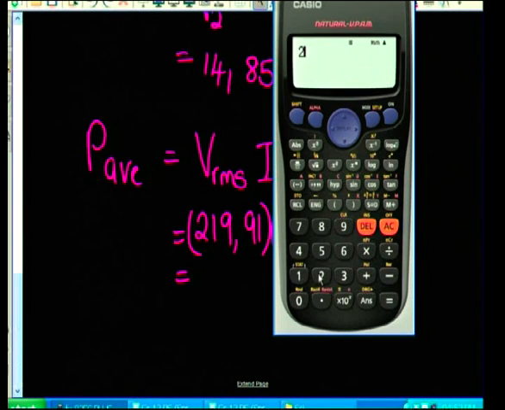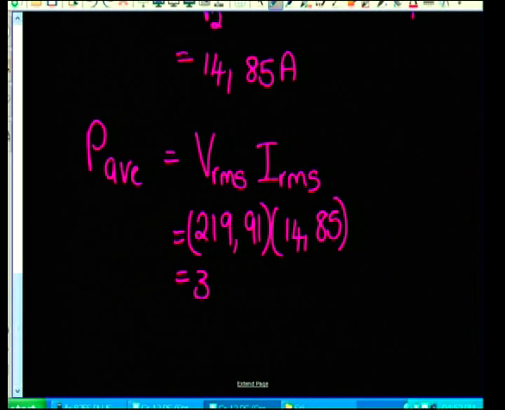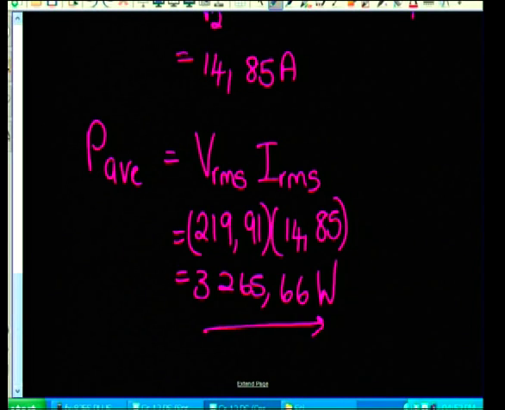So 219,91 times 14,85 is 3,265,66. Brilliant. 3,265,66 watts.